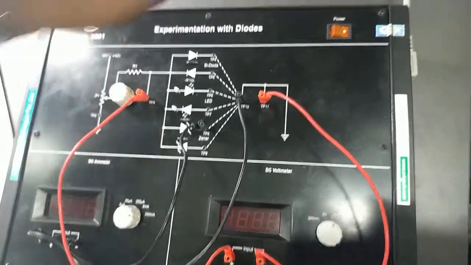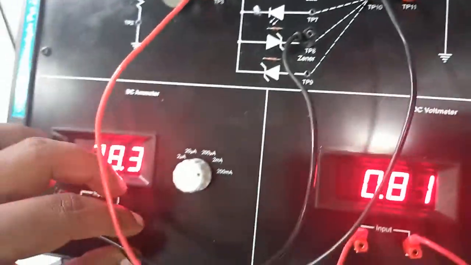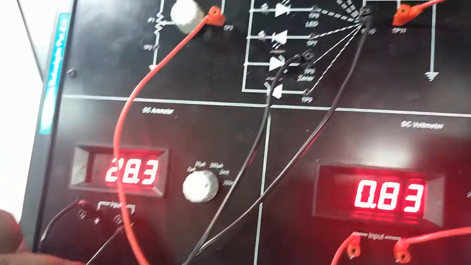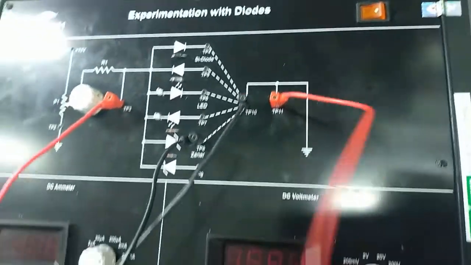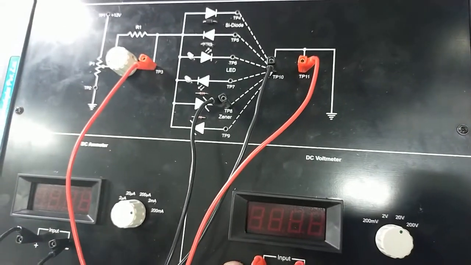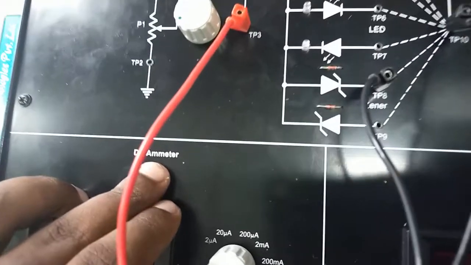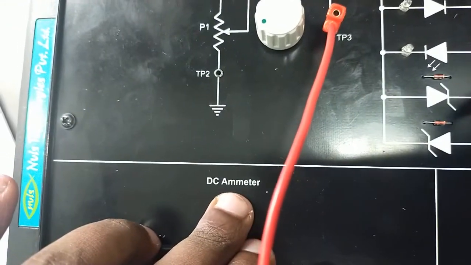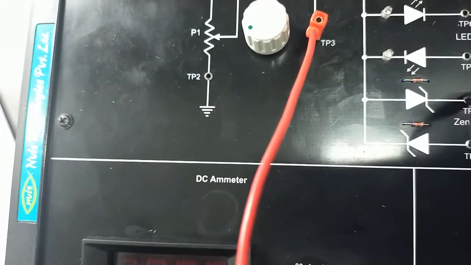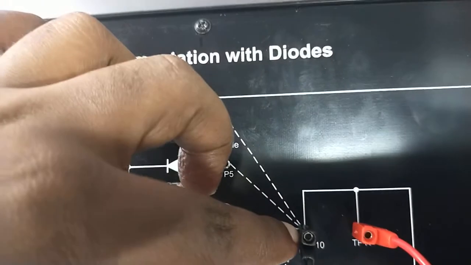Here we have a Zener diode and we have connected the voltmeter and ammeter across the Zener diode. As we know, we have a DC ammeter and a DC ammeter is always connected in series, so I have connected it in series across the same wire.